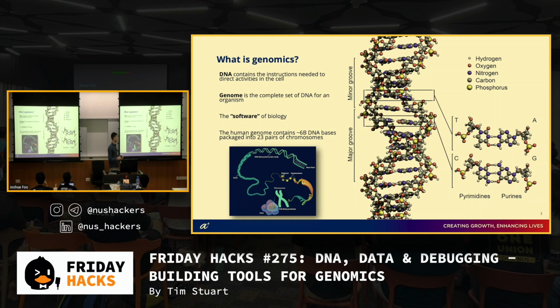This molecule is really the most important thing in your cell because it holds all the information that an organism has, right? The ordering of bases in the DNA strand encodes information about what that cell should do.